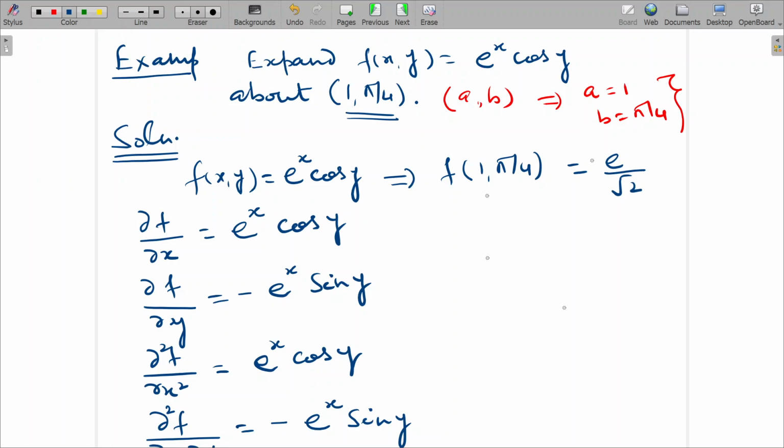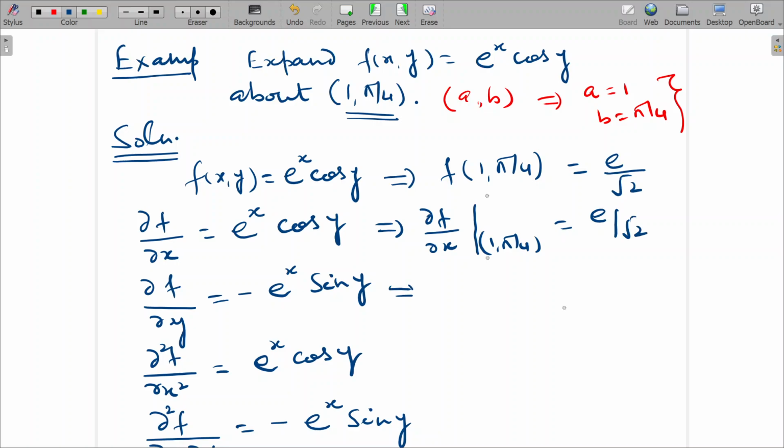Okay, so this is our first value. Now we will find del f over del x at (1, pi by 4). This is coming out as again e over root 2.